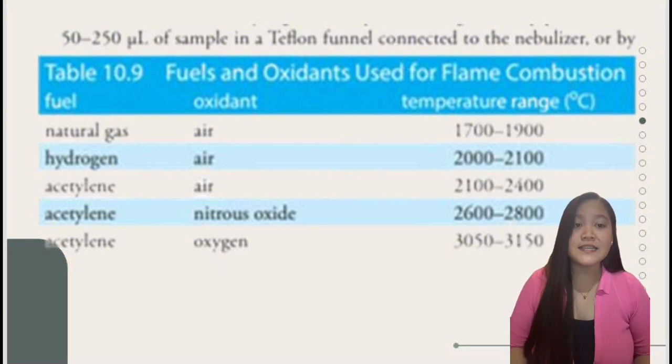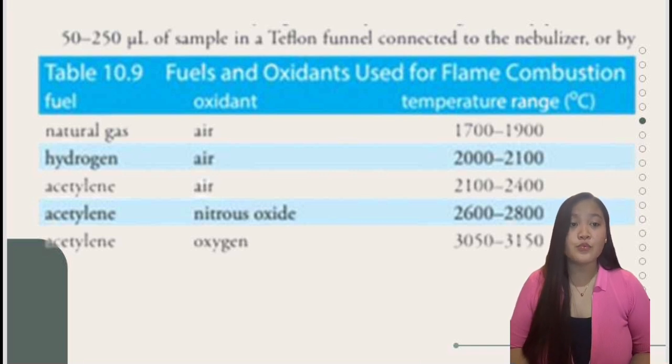Ang yang acetylene, air ang oxidant, and yang temperature range is 2100 to 2400. Then acetylene again, yang nitrous oxide, ang iyang temperature range around 2600 to 2800. Okay? And last, the acetylene, ang iyang oxidant, oxygen, and the temperature range is 3050 to 3150.